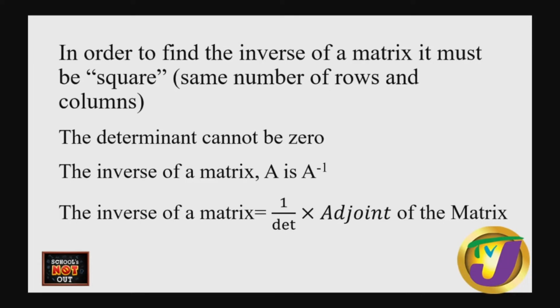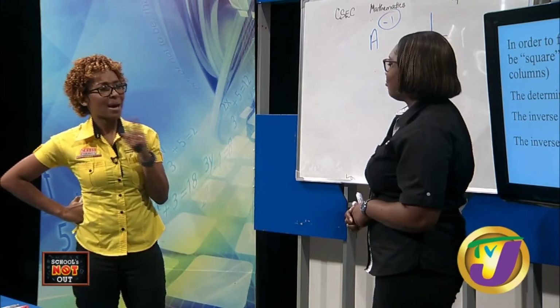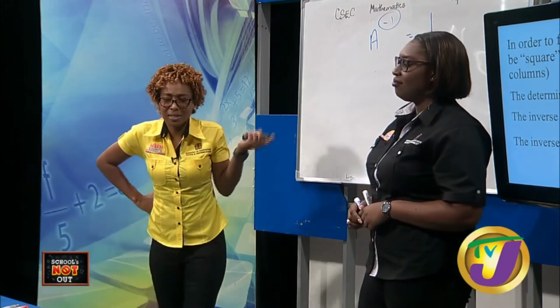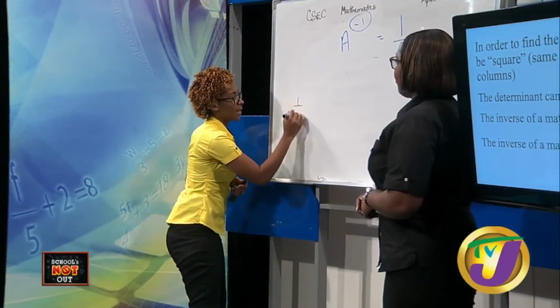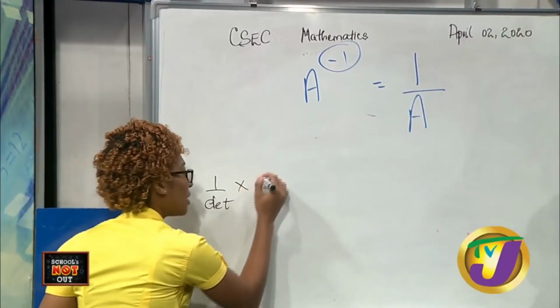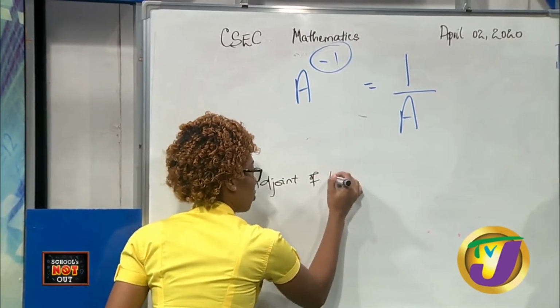So my question now: if I have a determinant which gives me 0, what does that mean about my inverse? It's 1 divided by my determinant multiplied by the adjoint of the matrix, right?